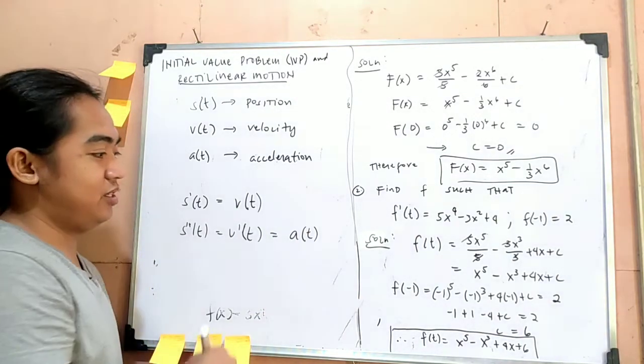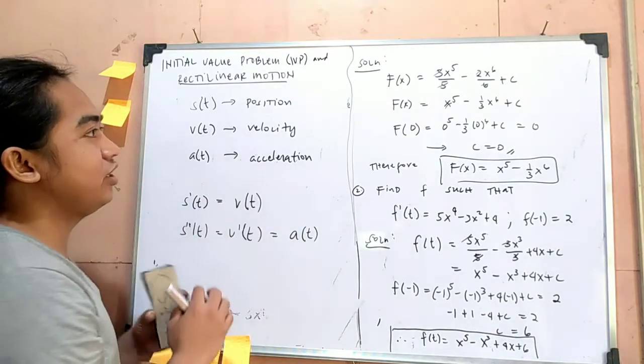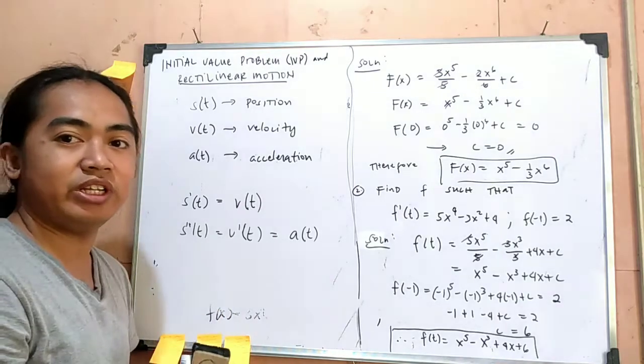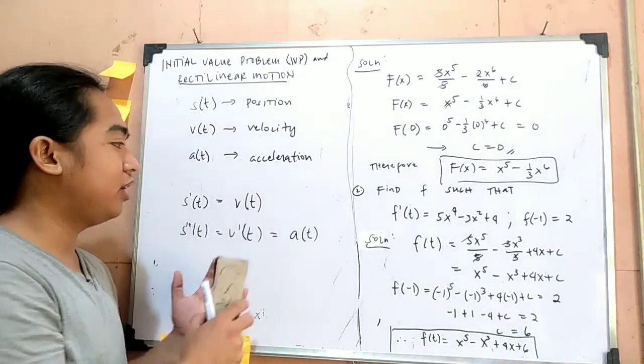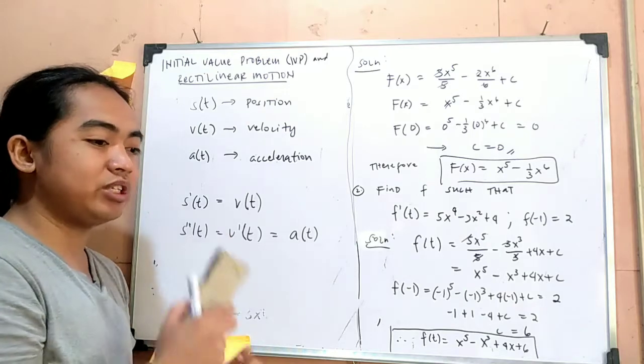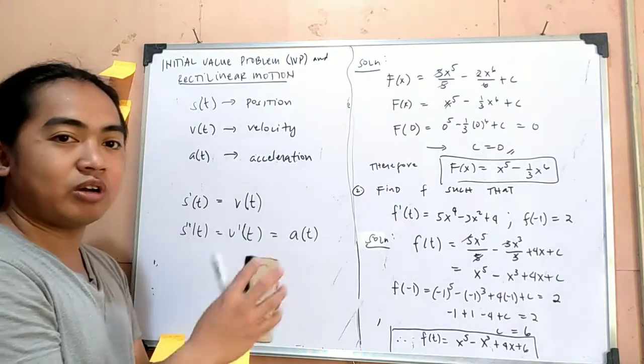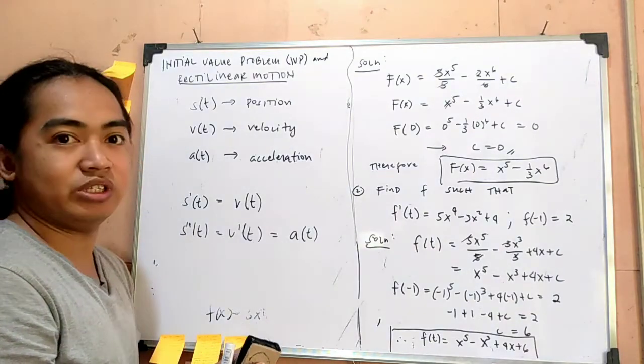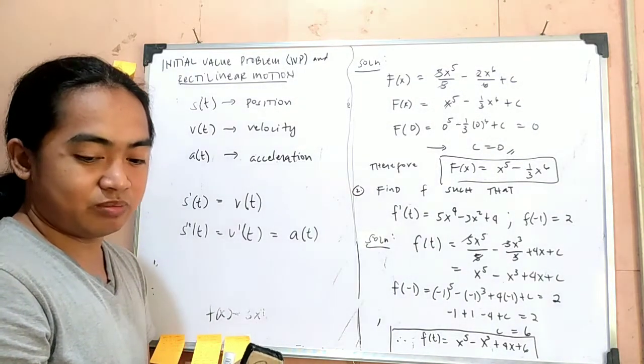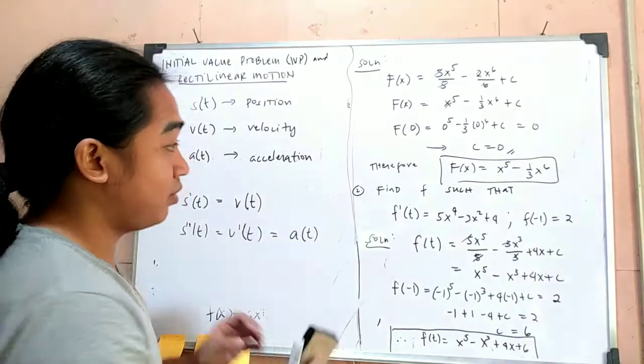Okay? So, isang mahalagang application lang to ng initial value problems. Given ng position, velocity, and acceleration, how to find each other kapag given ng mga initial conditions. Okay? So, for example, gawa tayo ng isang example.